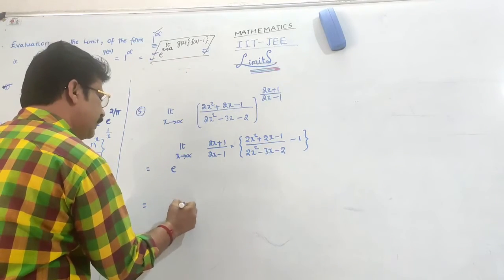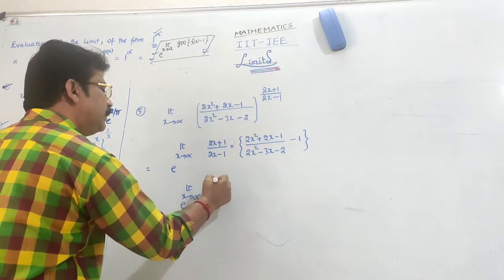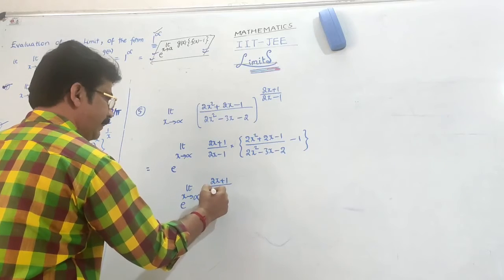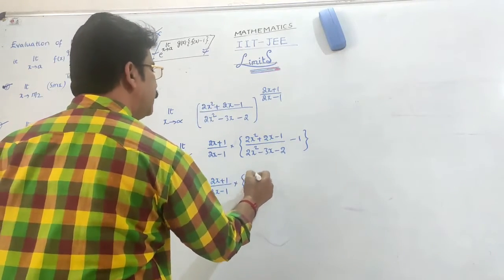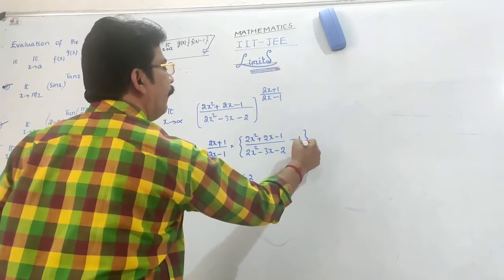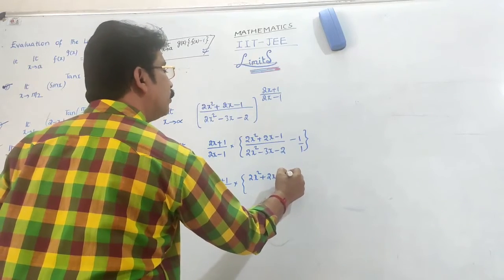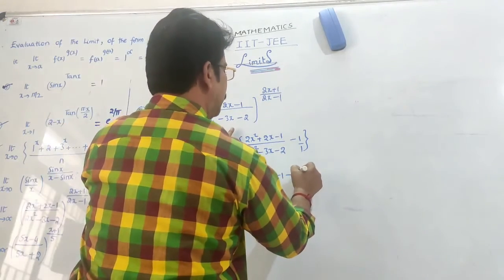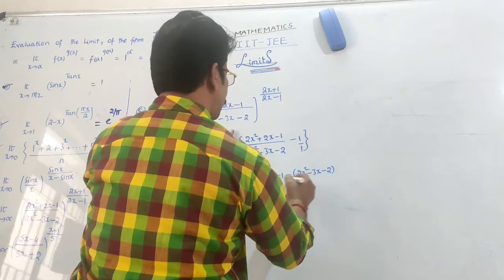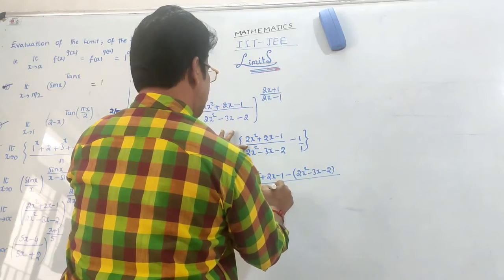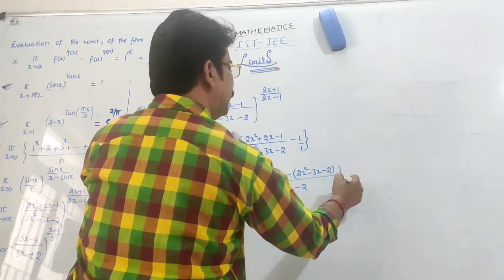So that is equal to e power limit x tends to infinity, 2x plus 1 divided by 2x minus 1, into, here taking LCM, 2x square plus 2x minus 1 minus this one, 2x square minus 3x minus 2, whole divided by 2x square minus 3x minus 2.